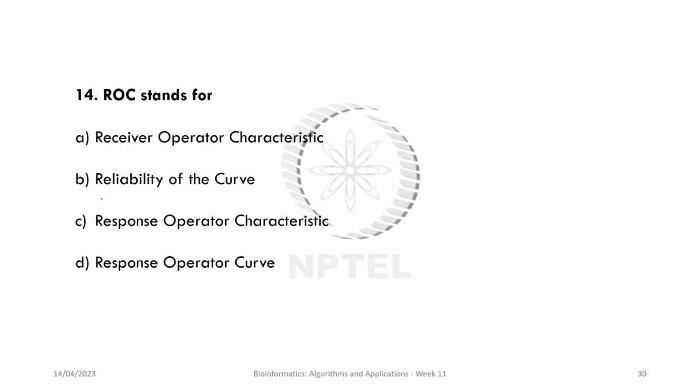Question 14. ROC stands for: option A, receiver operator characteristic; option B, reliability of the curve; option C, response operator characteristic; option D, response operator curve. I'm seeing a lot of A's come in.